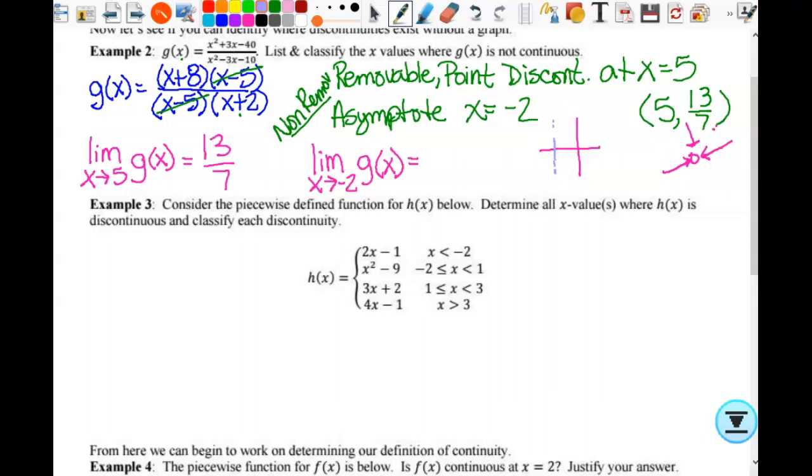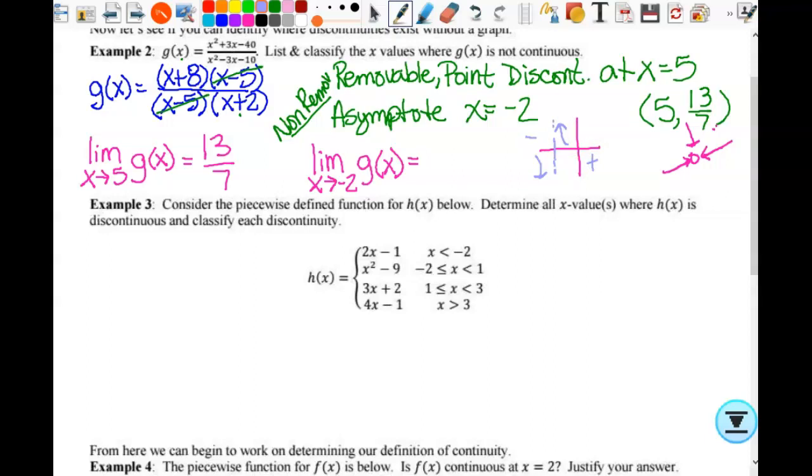If I'm approaching from the left, I'm approaching from like -2.1, right? And if I put -2.1 right here and -2.1 right here, what signs do I get? I get positive over negative, right? So from the left, it's approaching negative infinity. It has to look like this, right? From the right, if I put -1.9, that would give me positive over positive, which means it looks like this.